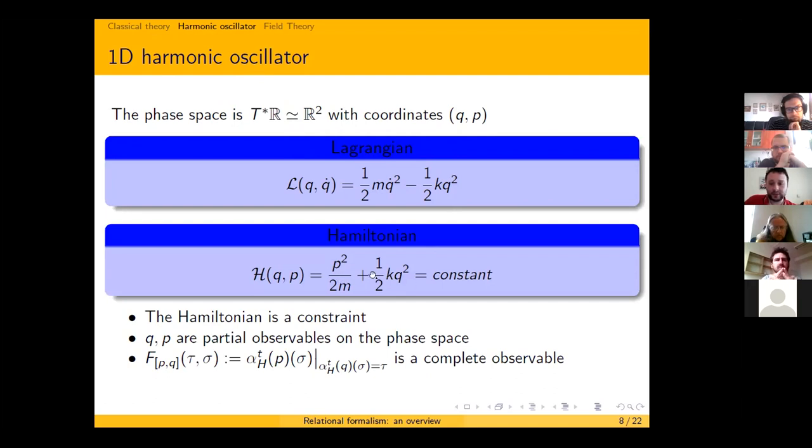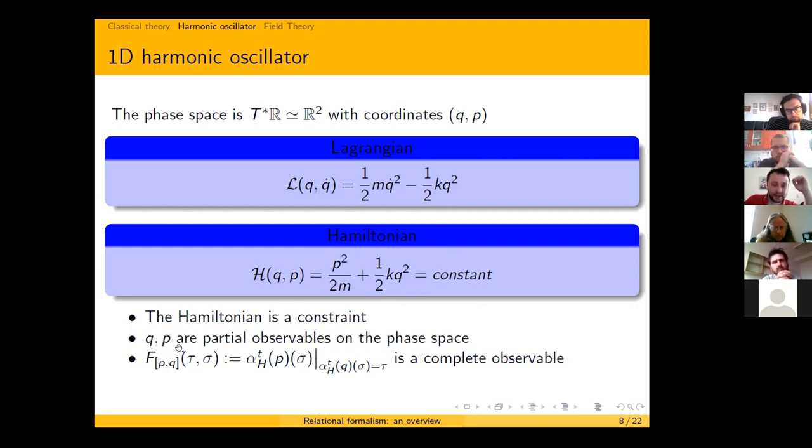The Hamiltonian is something that we know, and it is constant, setting the energy level of the harmonic oscillator. Since there is no friction term, it is constant. Therefore the Hamiltonian can be treated as a constraint of the system, namely it doesn't change. And here we treat Q and P as partial observables.